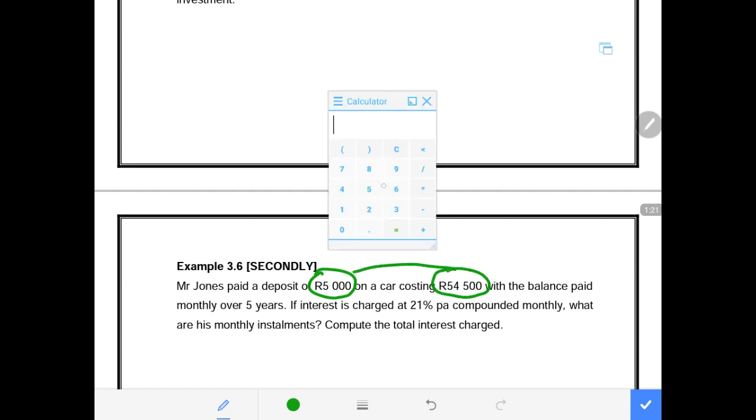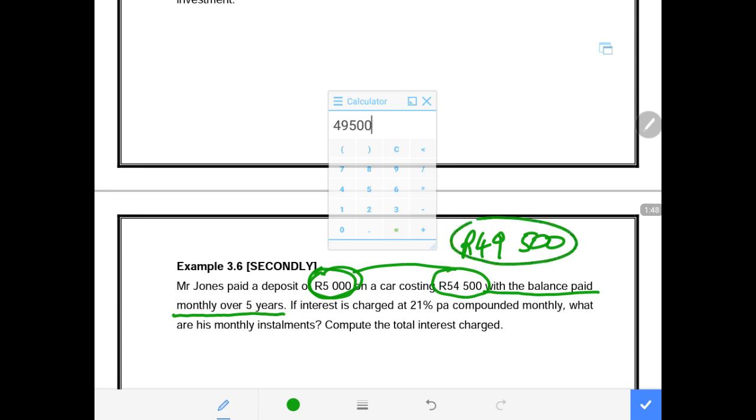Meaning 54,500 minus 5,000 will give us the amount of 49,500, meaning Mr. Jones currently owes 49,500, with the balance that is paid over the next 5 years. He paid only 5,000 and the balance will be paid over the period of 5 years. Obviously, that will be paid every month.